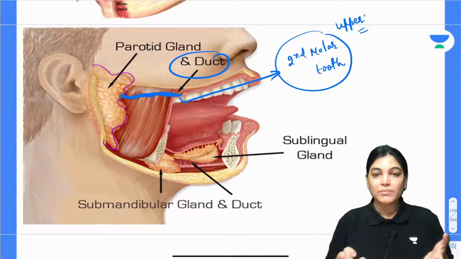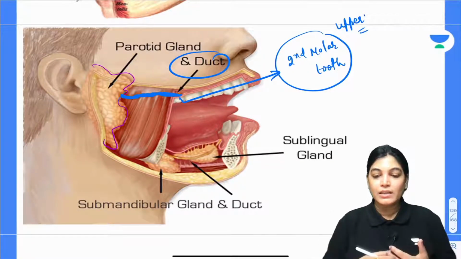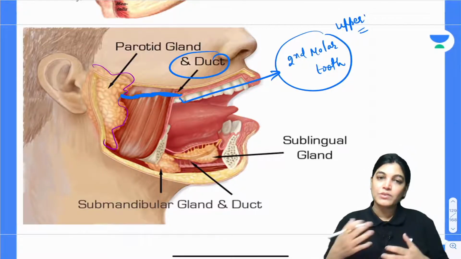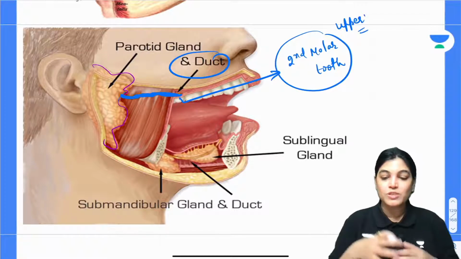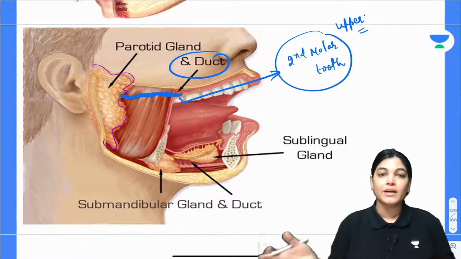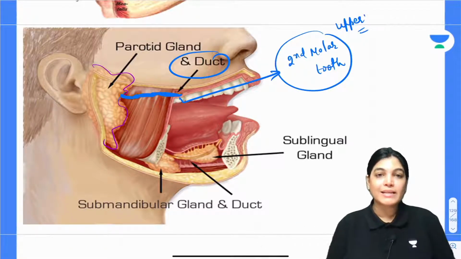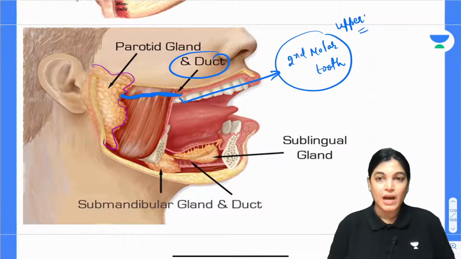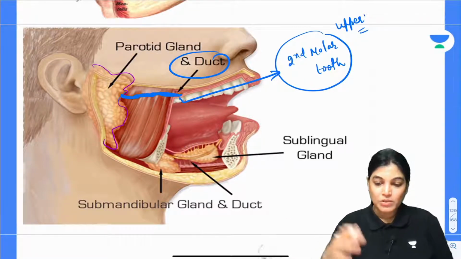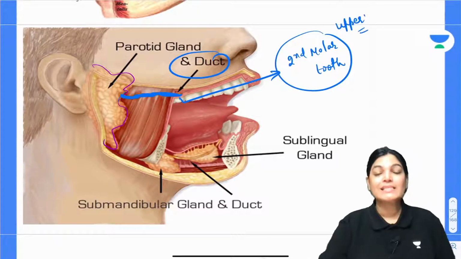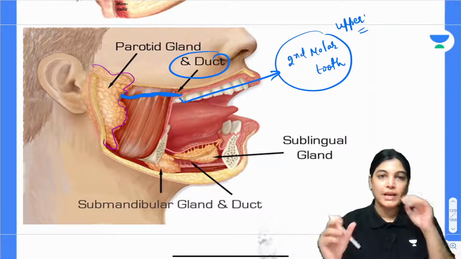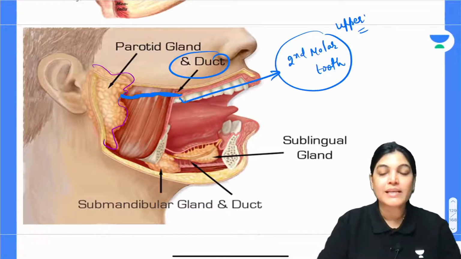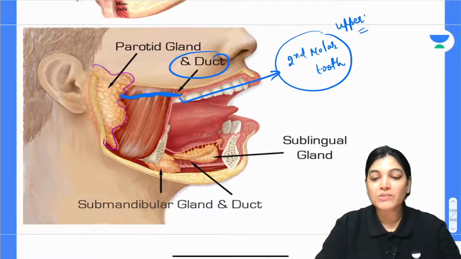The buccinator muscle is pierced by the duct of the parotid gland, and it traverses through the oral cavity to drain inside the oral vestibule via a small opening lying exactly opposite the second maxillary molar tooth, because upper molar teeth lie in the maxilla. So opposite that it opens, the parotid duct or Stensen's duct. The parotid duct is a common site where we can see calculus or sialolith.